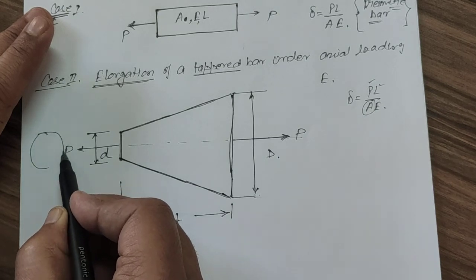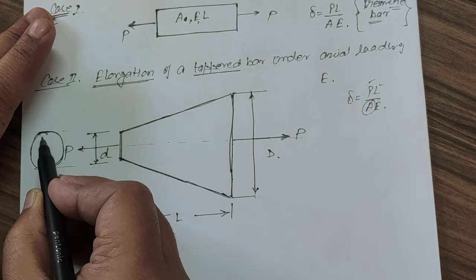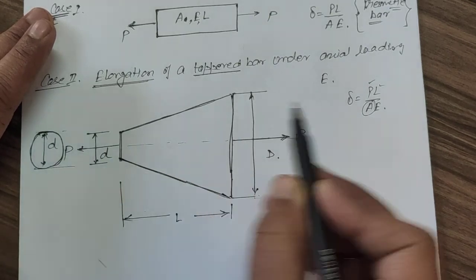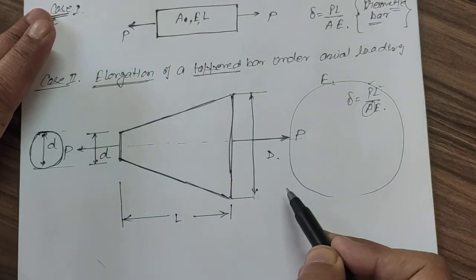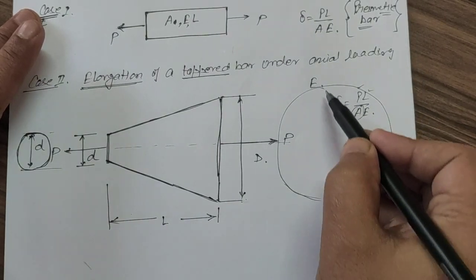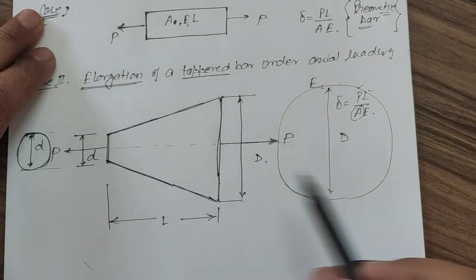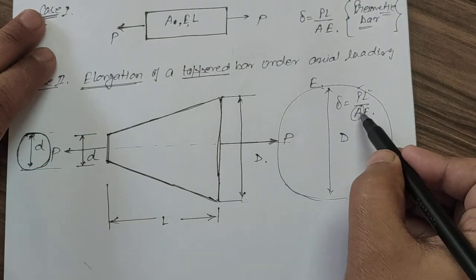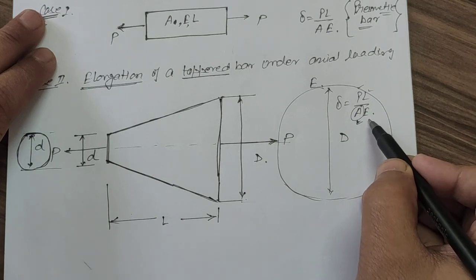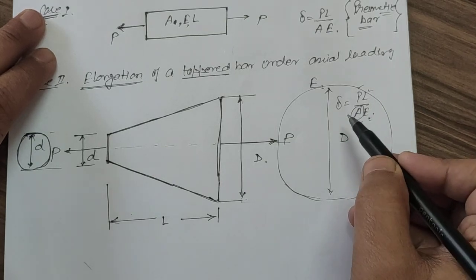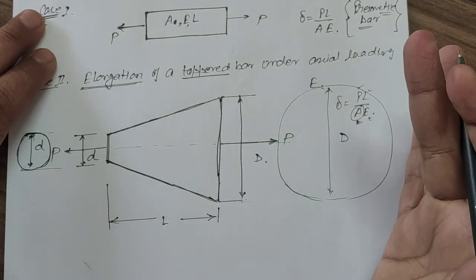Here the larger section has diameter capital D. At each and every section the diameter is changing. E is the material property that will remain constant. So this area is changing, and whenever we have continuous change in area, we will go for the differential terms.